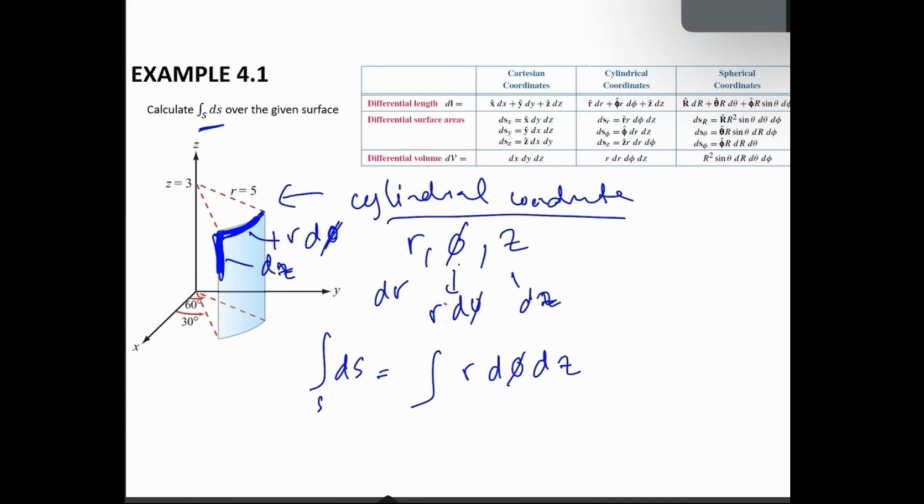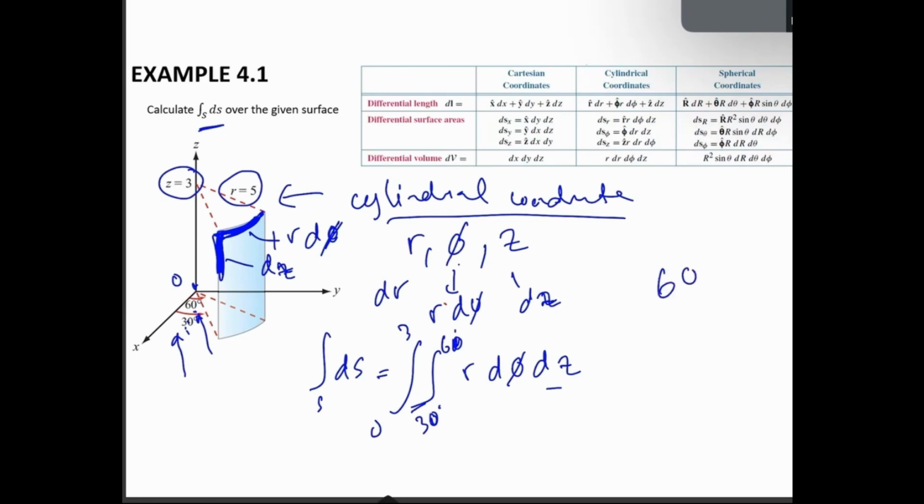We can put either one. That's a double integral. So for r equal to 5, the angles 60 degree and 30 degree need to be converted to radian. So how to find the radian? 60 equals pi over 3, 30 is pi over 6.